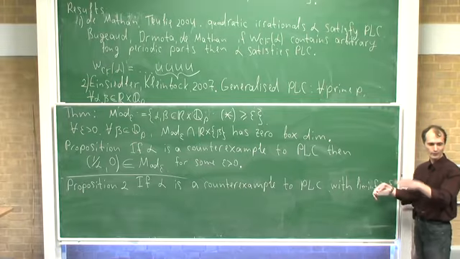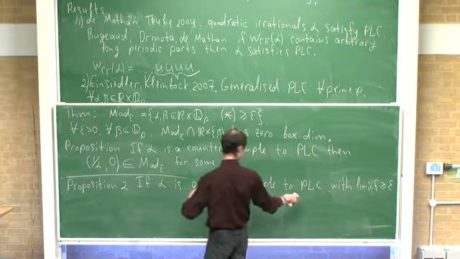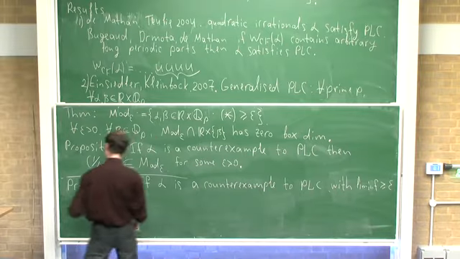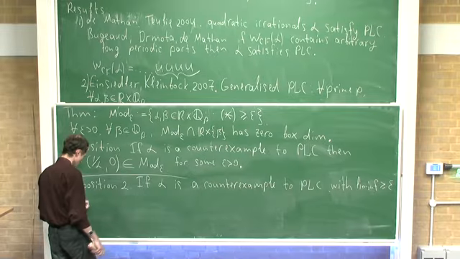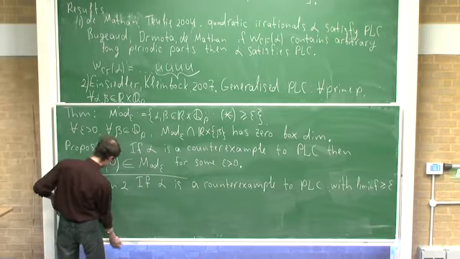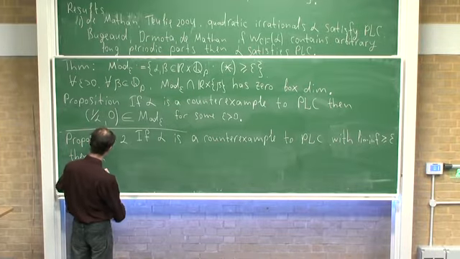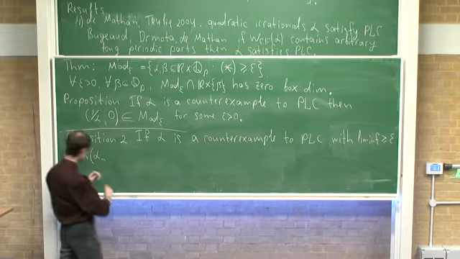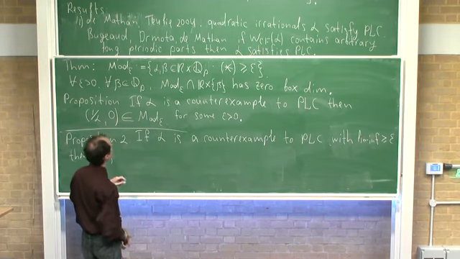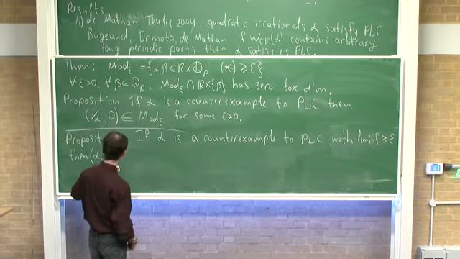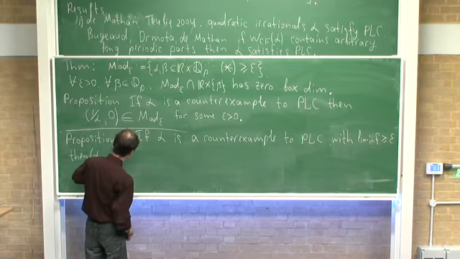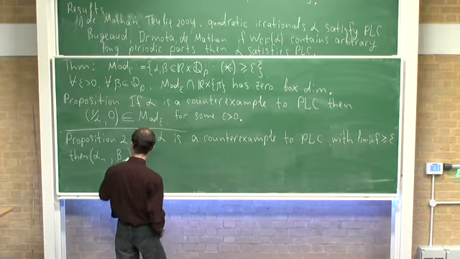Because I don't want to rewrite everything. So this means at least epsilon. Then the following pairs, alpha n, I will explain what it means, and I will also explain what that means.